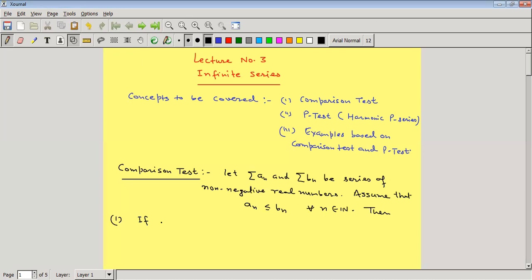if summation bn is convergent, then summation an is convergent.